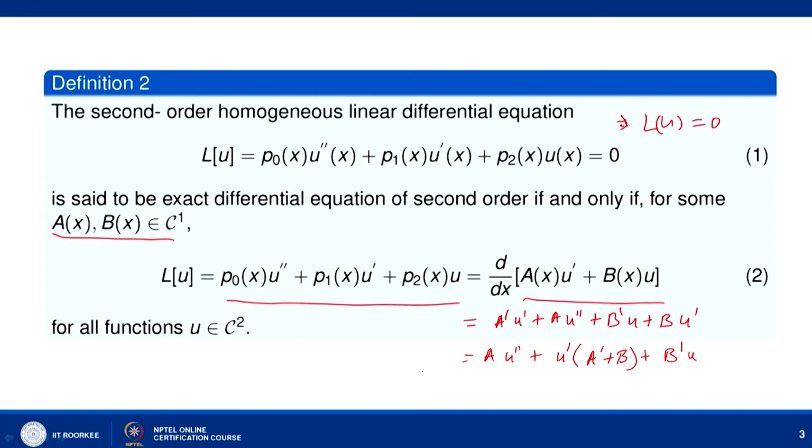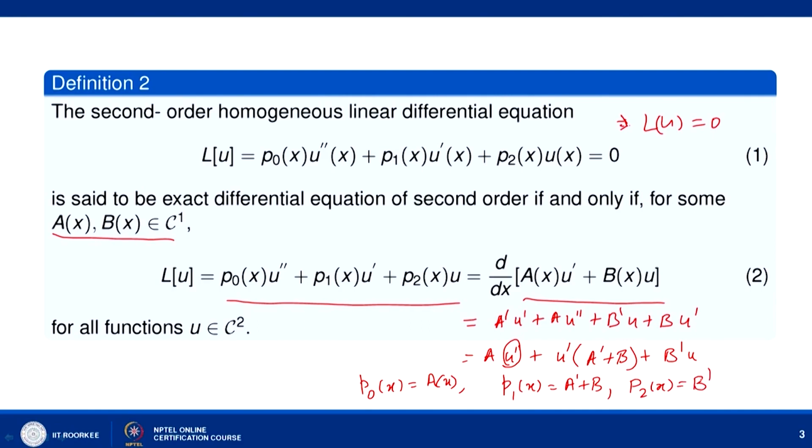Comparing the coefficients, the coefficient of u double dash is a here and here it is p naught x. So, we can write p naught x is equal to a x. And the coefficient of u dash is p1 x here, so p1 x is equal to a dash plus b, and p2 x is equal to b dash.